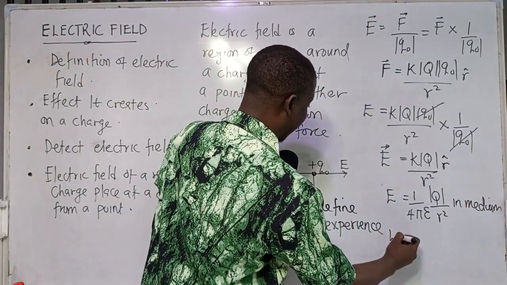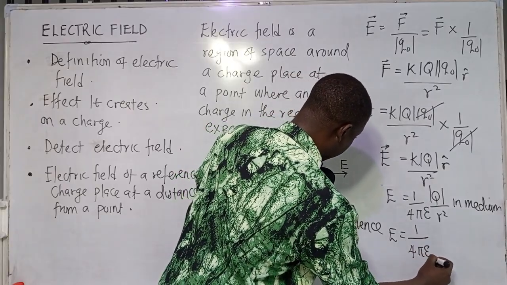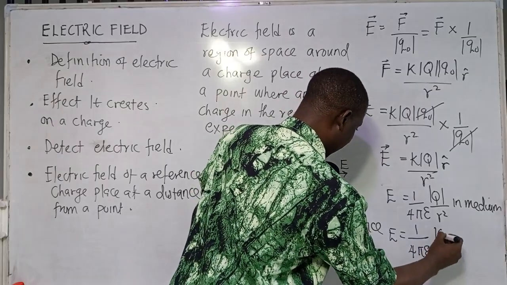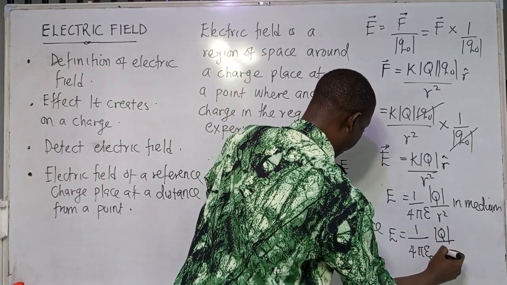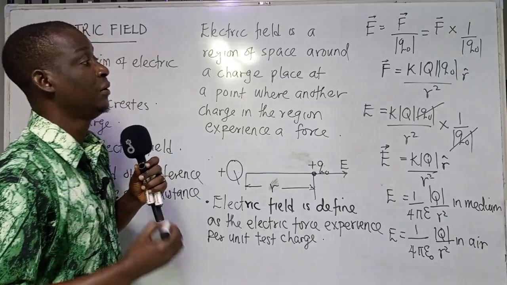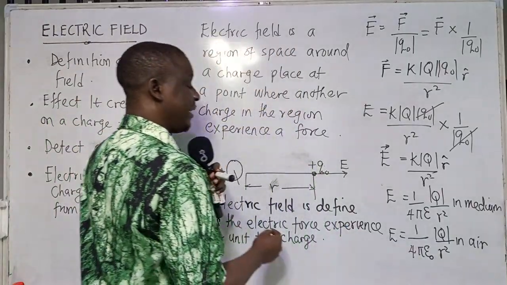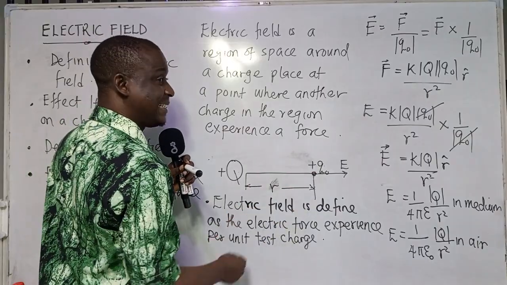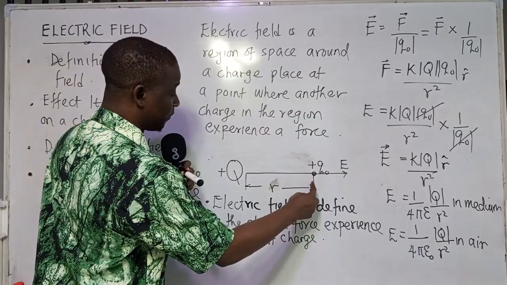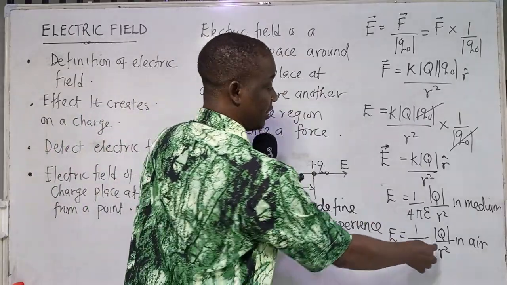What about in air? E will become 1 over 4 pi epsilon naught, then absolute value of reference charge over R square, in air. This one is in air. So the formulas are very clear. If it's in air, to calculate the electric field at a distance d from a point, you use this formula.